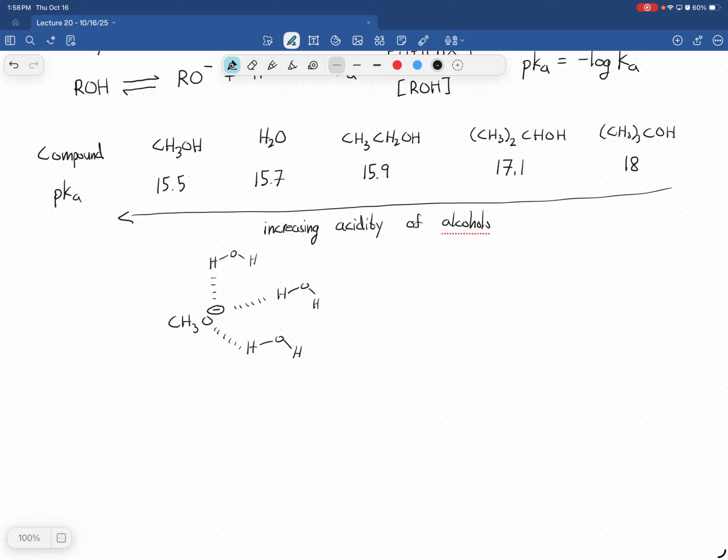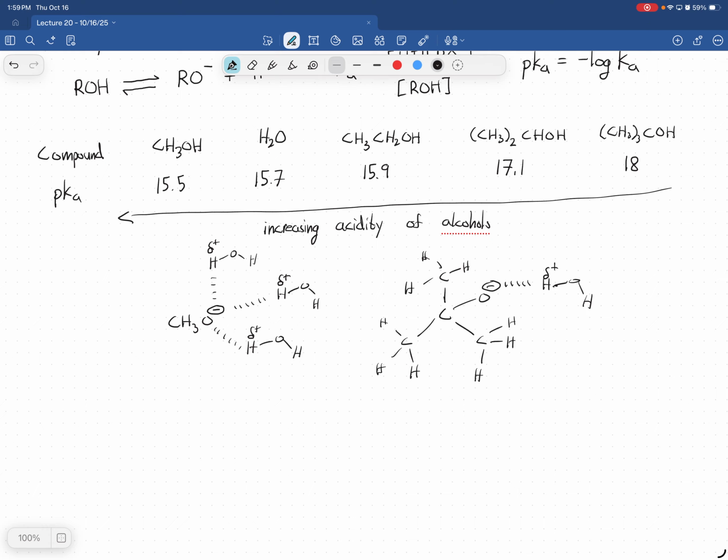Okay, so you see here, more water molecules can surround this methyl alcohol, the conjugate base. But if we now look at a situation where we have tert-butyl, only some water molecules can approach and solvate this negative charge here.